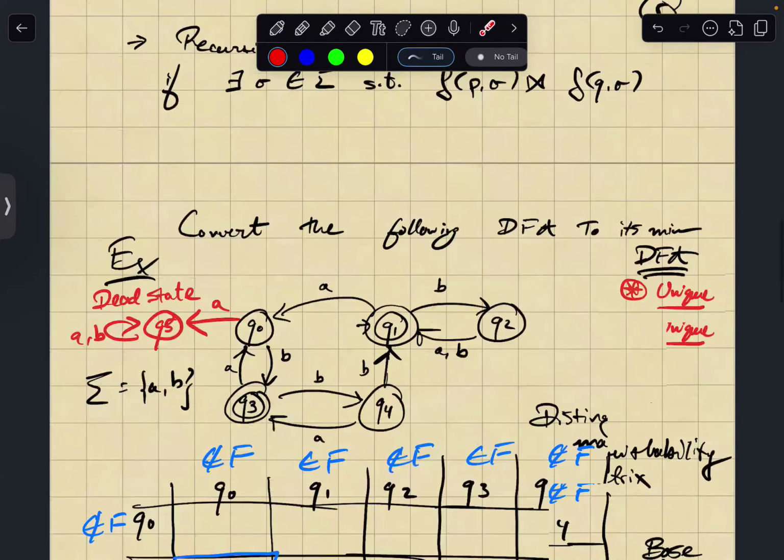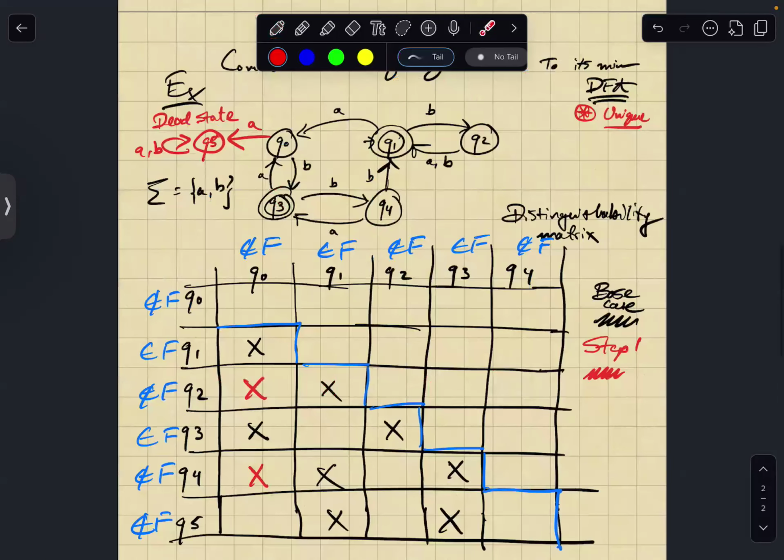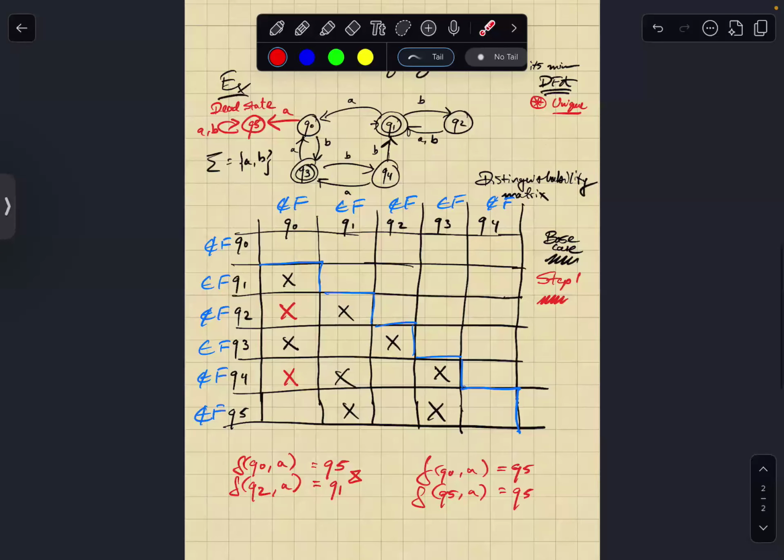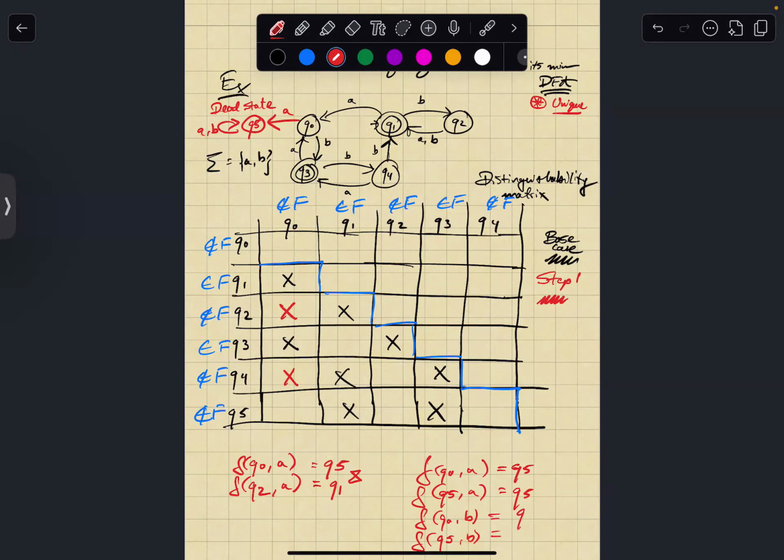Okay, so let's do it with B. Q0 with B goes to Q3, and Q5 with B goes to Q5. So now let's look at Q5, Q3, that's distinguishable, right? So I'm going to mark that.